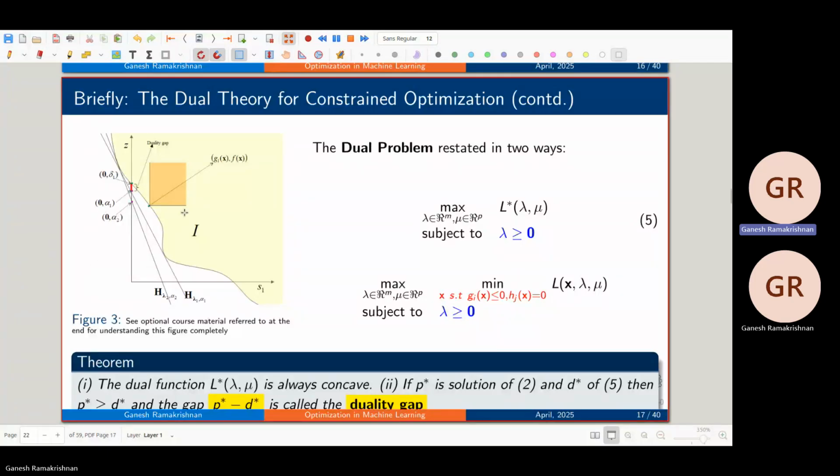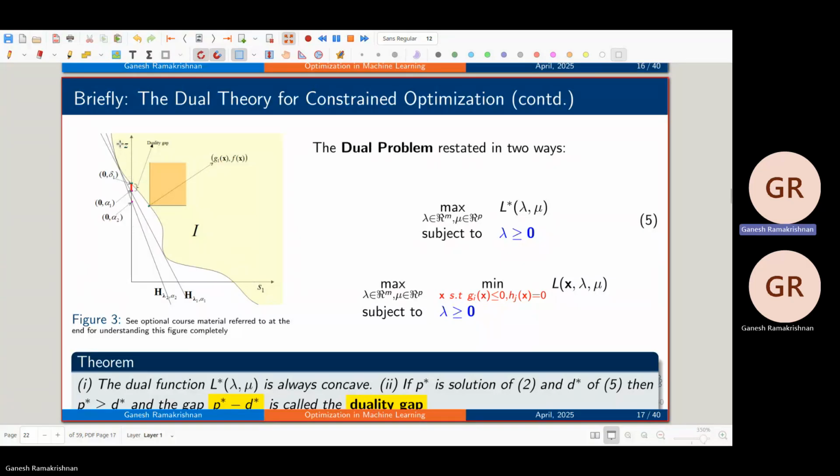And what is my goal? My goal is I want to minimize f. f is on the vertical axis. So think of it as g on the x axis, f along the y axis. I want to minimize f such that g is less than or equal to 0.